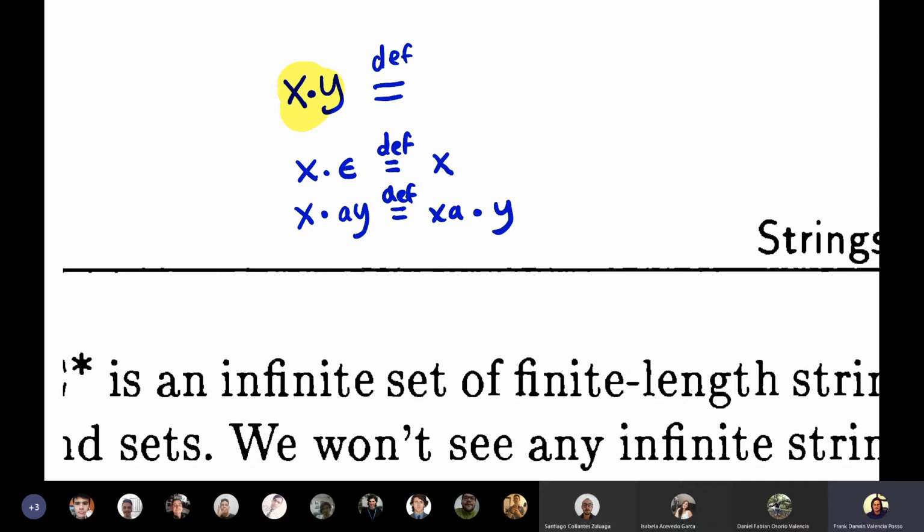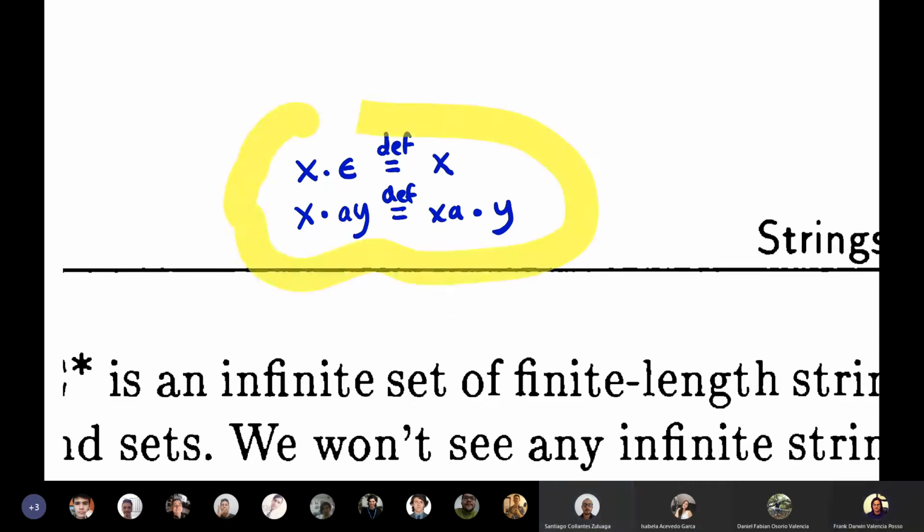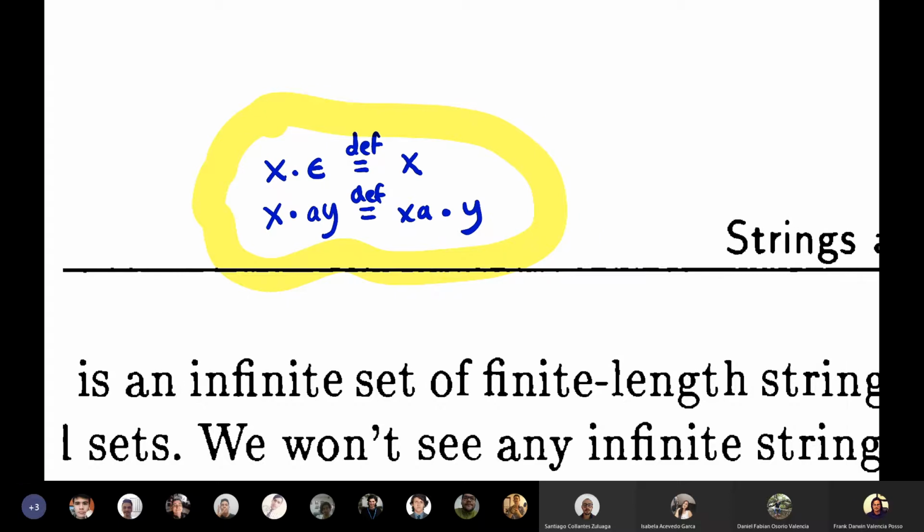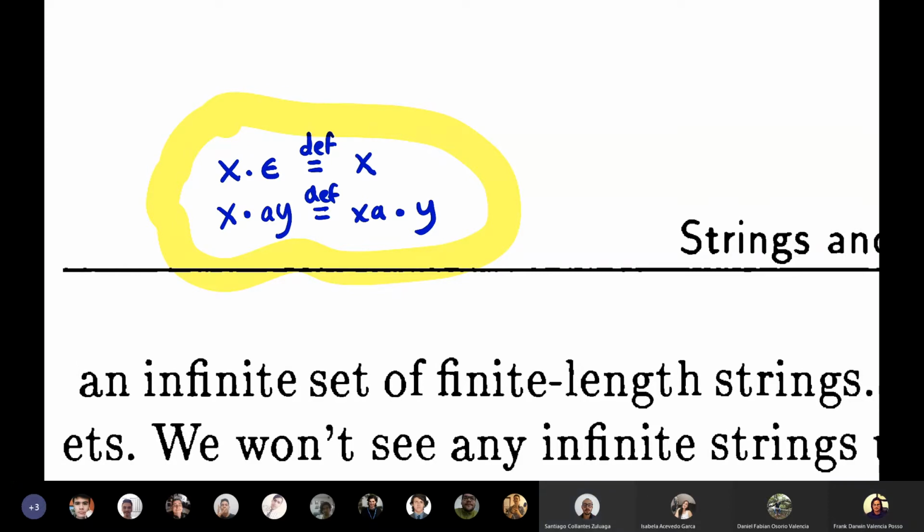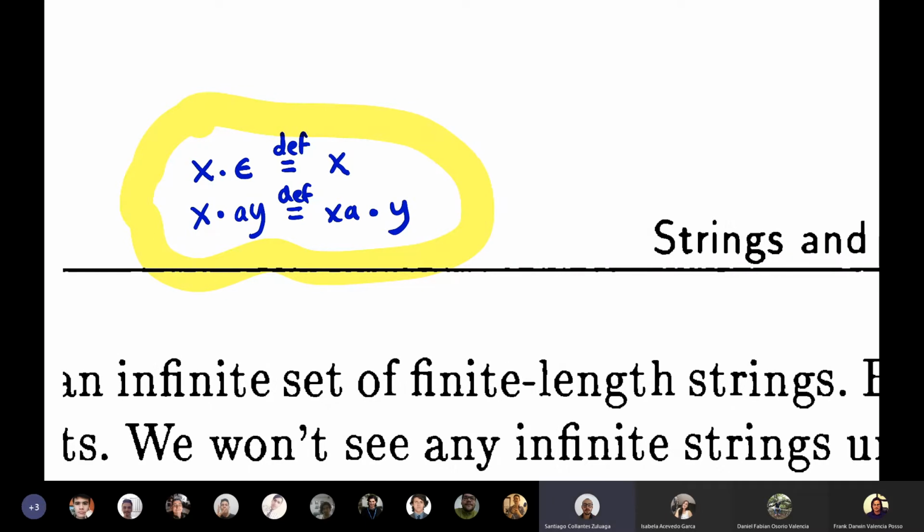Can someone find another way? So this will be the definition of concatenation. Any suggestions? Well, I will define better X, A, and Y. Oh, actually, we defined it previously, so there's no need to.